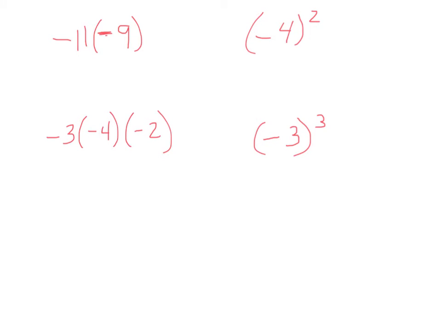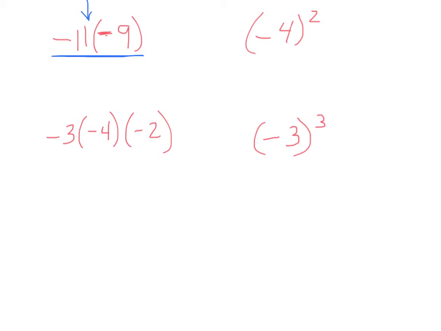I'll walk through a couple of problems here on this page. My first problem is negative 11 times negative 9. Just a reminder, if you don't see an addition, subtraction, or division sign, it's going to be multiplication.